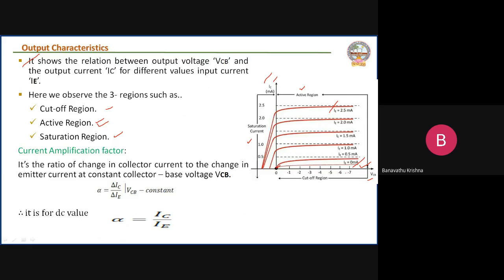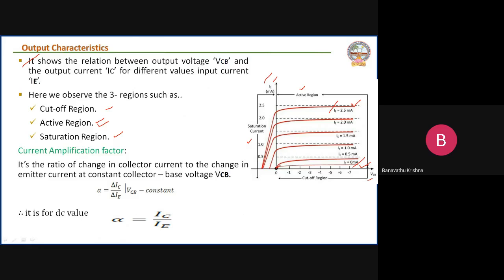Here, for example, IE is 2.5 milliamperes. Initially VCB is zero. For a large value of VCB, VCB is nothing but the voltage from collector to base region.